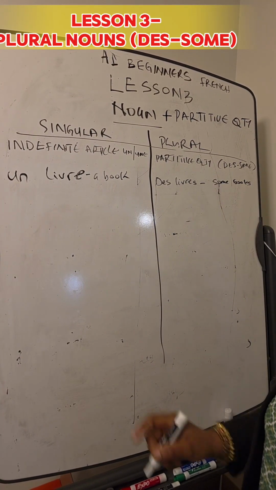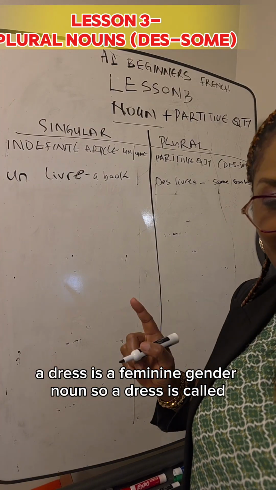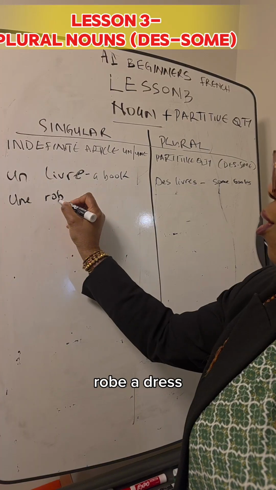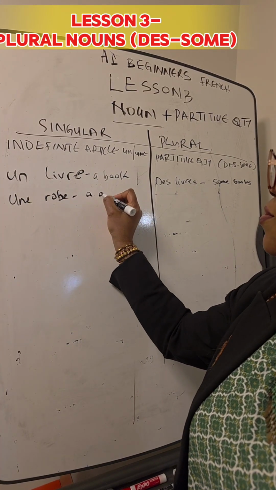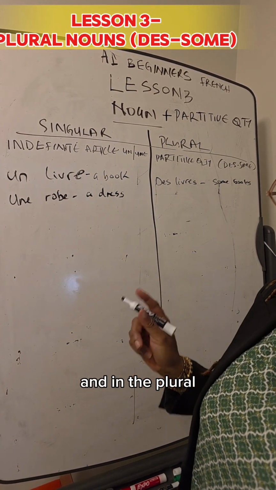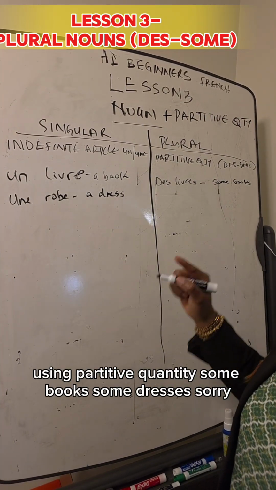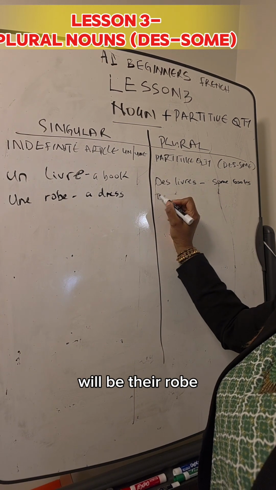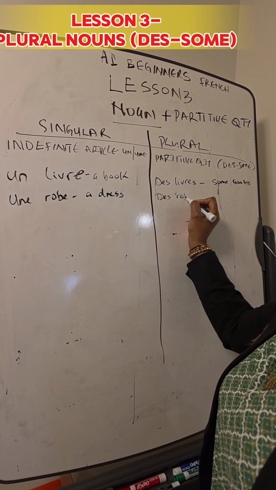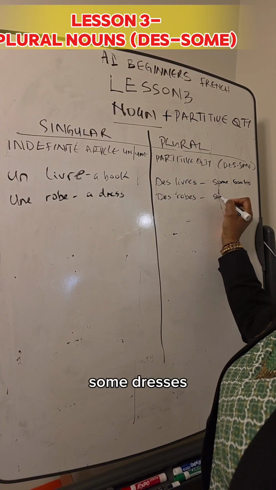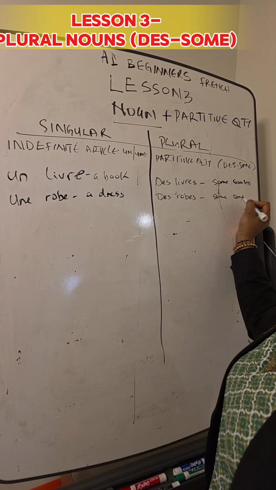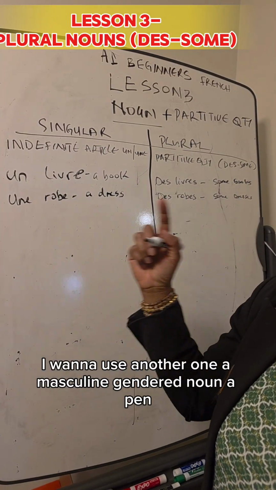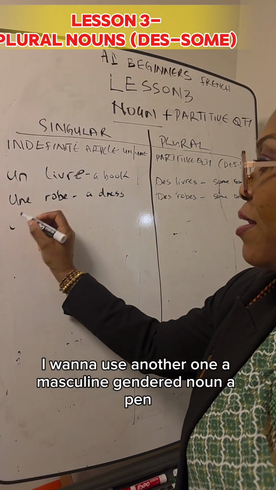A dress. A dress is a feminine gendered noun. So a dress is called une robe. And in the plural, using partitive quantity, some dresses will be des robes. I want to use another one, a masculine gendered noun, a pen, un stylo.